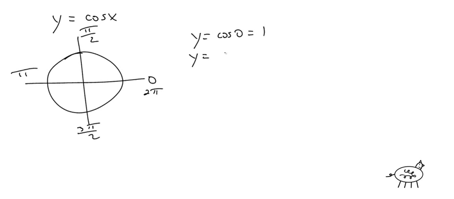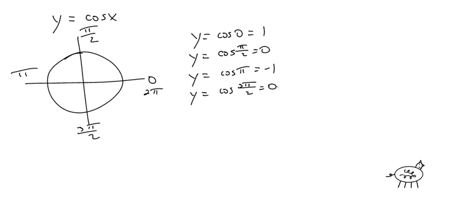Y equals cosine of pi over 2, that's equal to 0. Y equals cosine of pi, it's -1, and y equals cosine of 3 pi over 2, it's equal to 0, and back to 2 pi right here, and that's equal to 1.